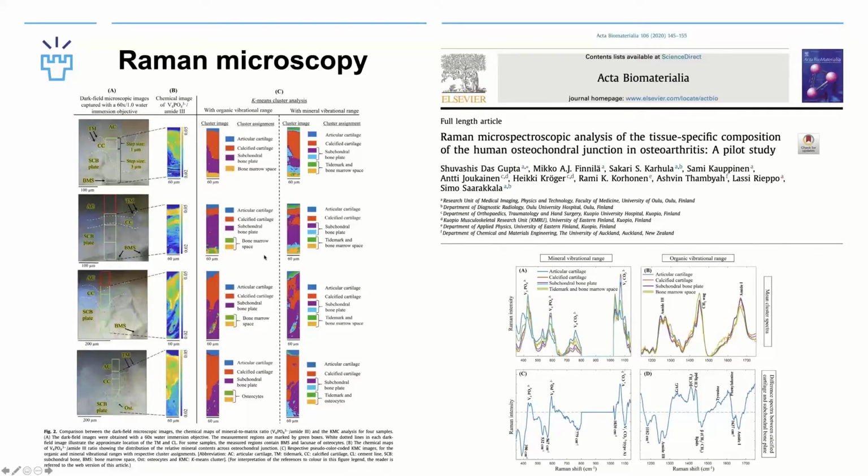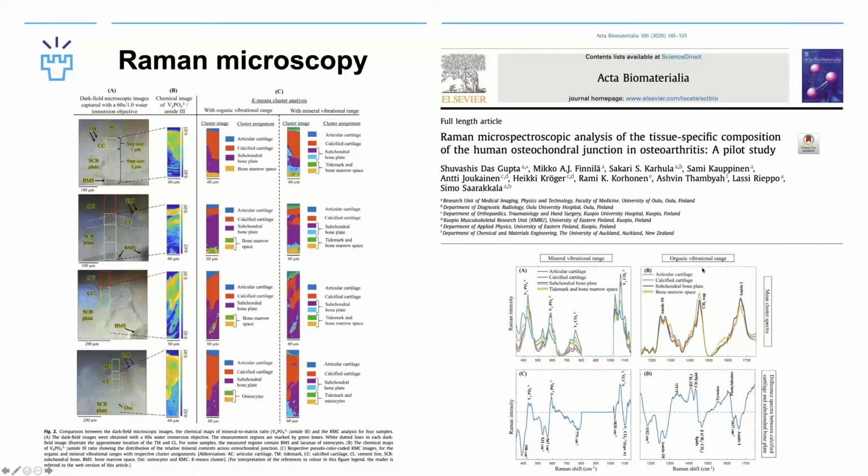We also use sophisticated analysis algorithms to automatically find the different tissue types, like the non-calcified cartilage, calcified cartilage, the subchondral bone plate, even the bone marrow and osteocytes. And we can separate the spectrum into the mineral vibrational range and the organic range.